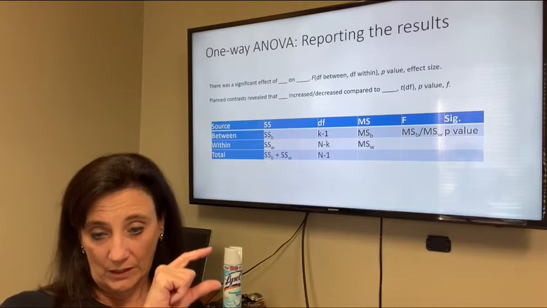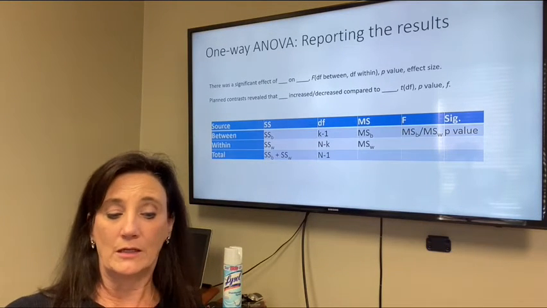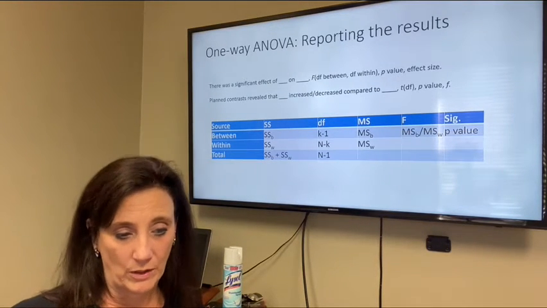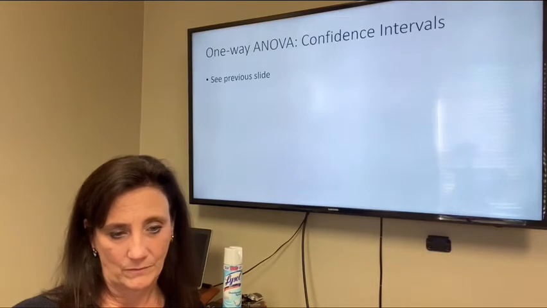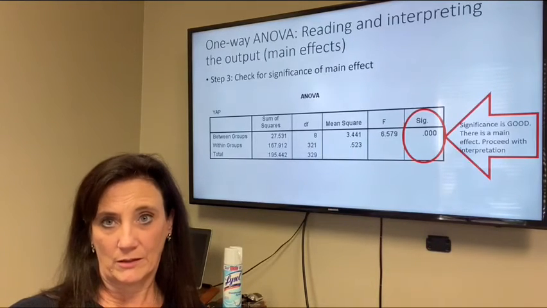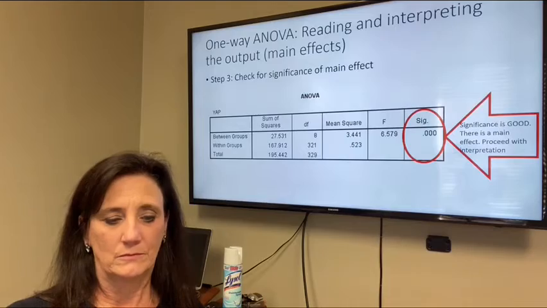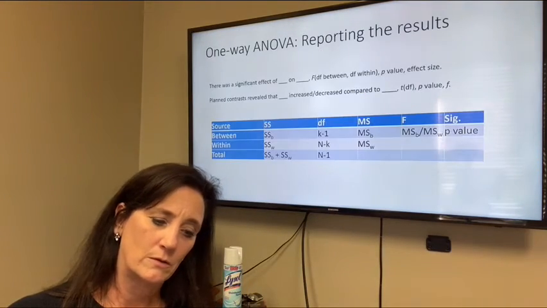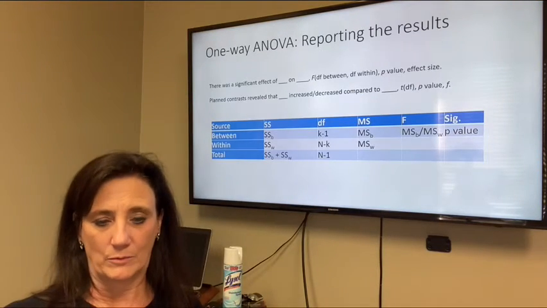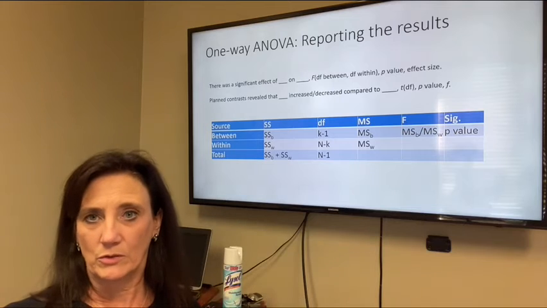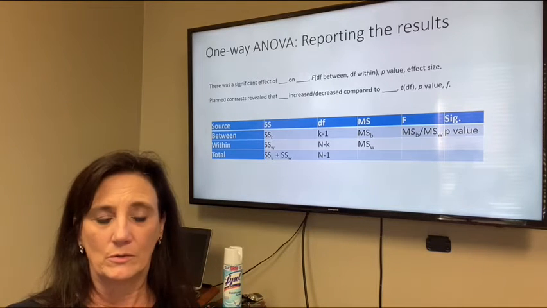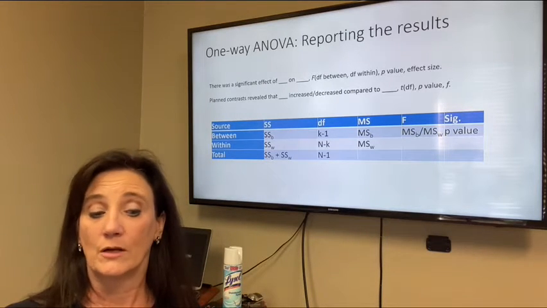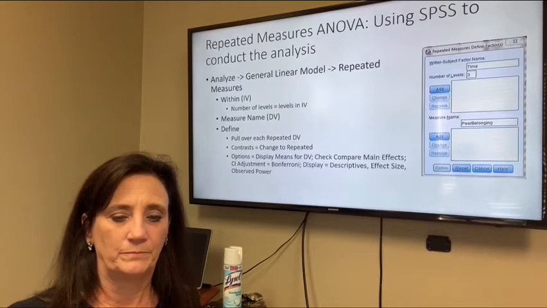And then you've got your slide here, and you just need to replicate what was. Let's back up. Remember I told you to write all that down? Go forward and plug it into that table. So always report those 3 things when you do a report on a one-way ANOVA.